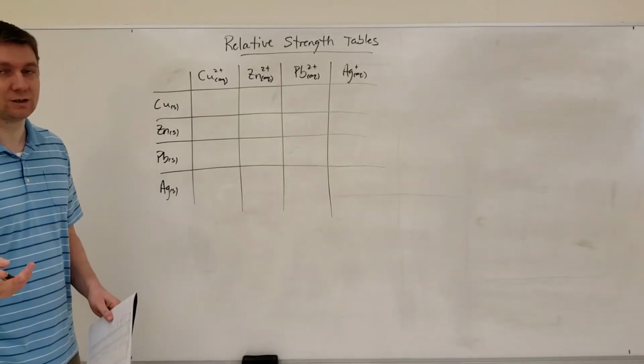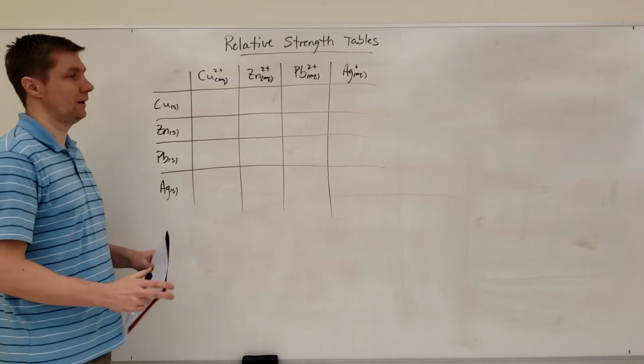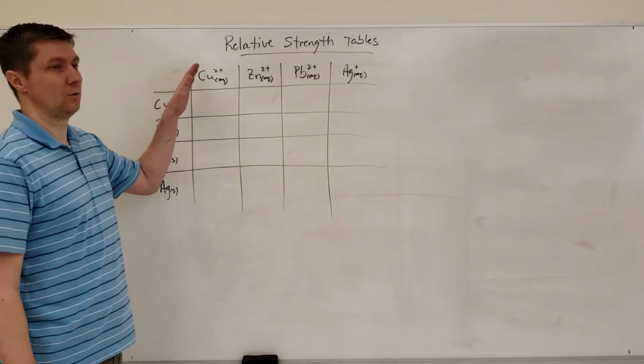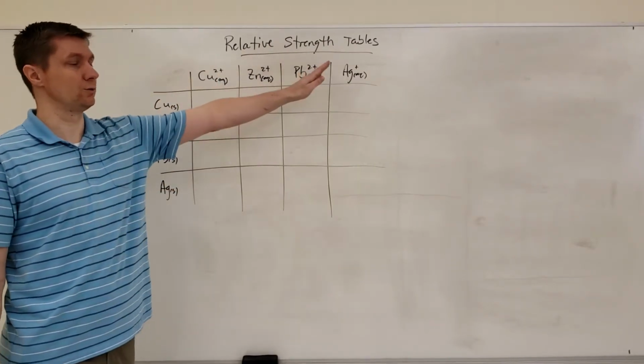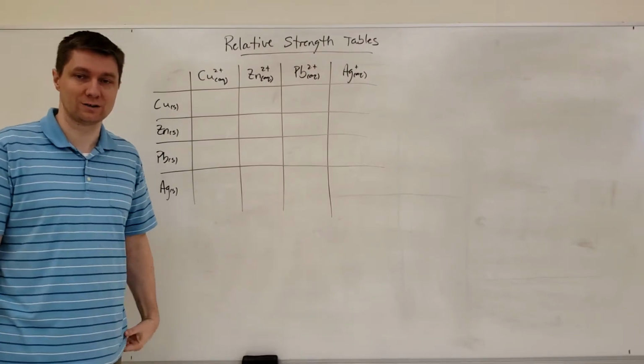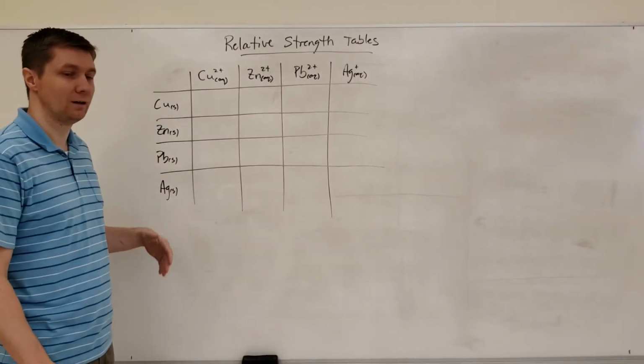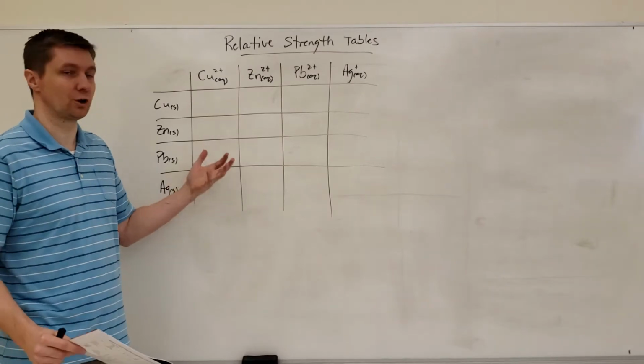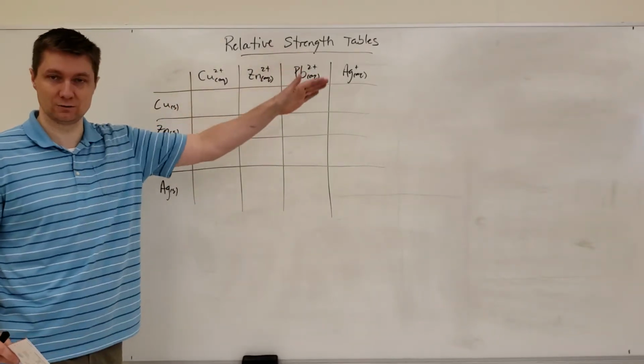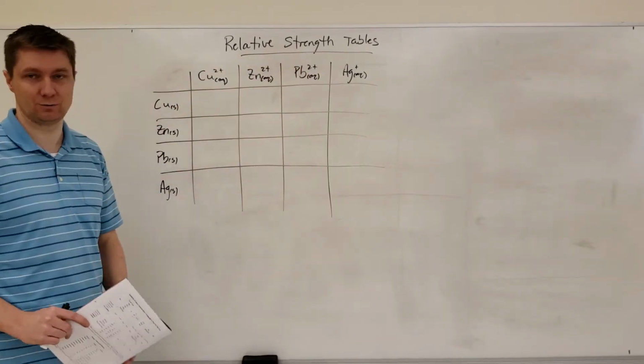So the first thing that you need to understand is that you have to identify whether the oxidizing agents or the reducing agents are written across the top of the table and down the side. And it's not going to be consistent from chart to chart. Sometimes the oxidizing agents will be on the top, sometimes the oxidizing agents will be on the side.